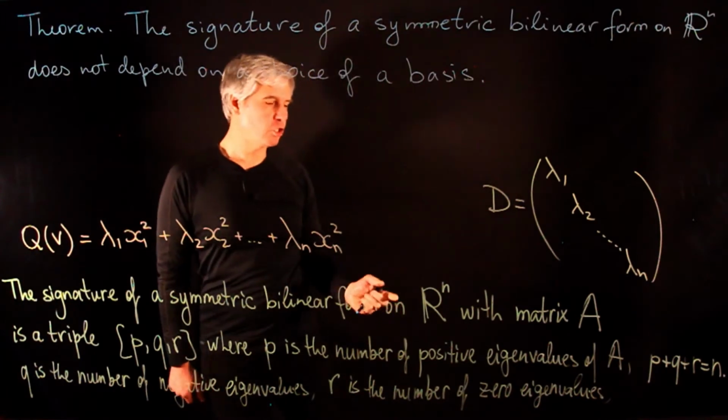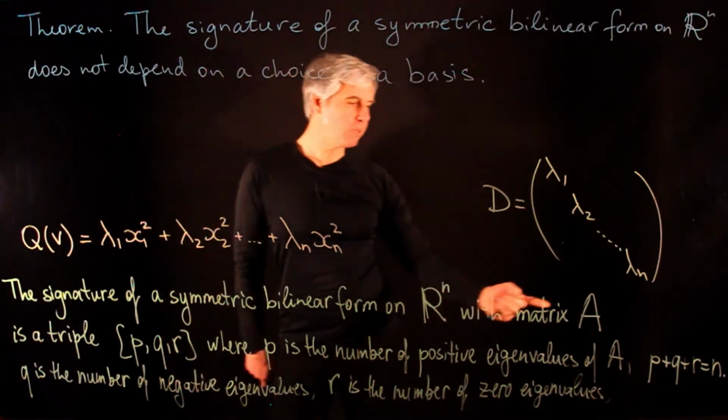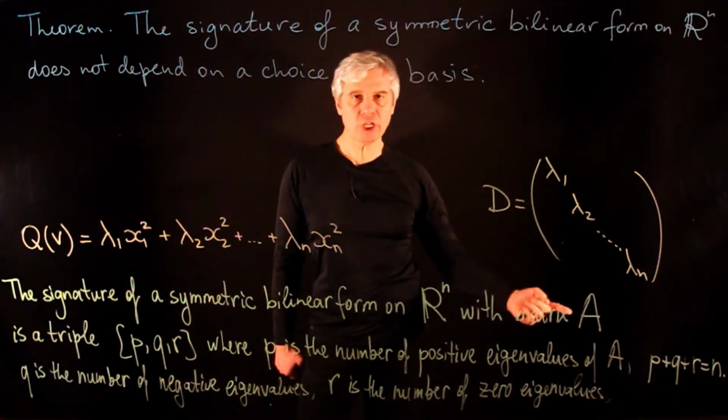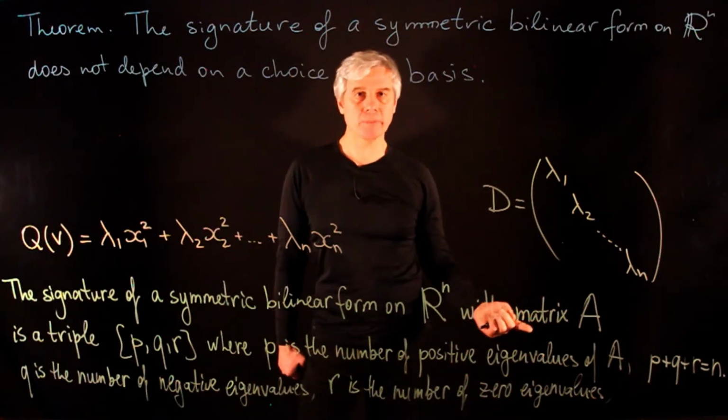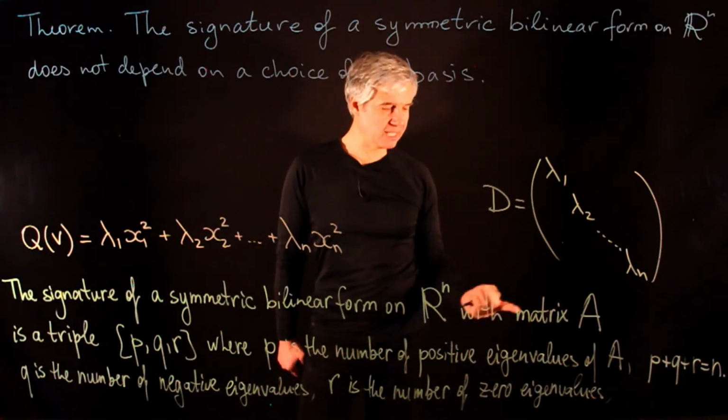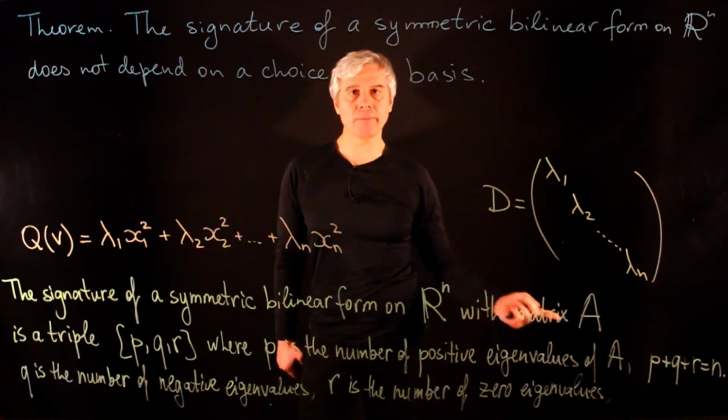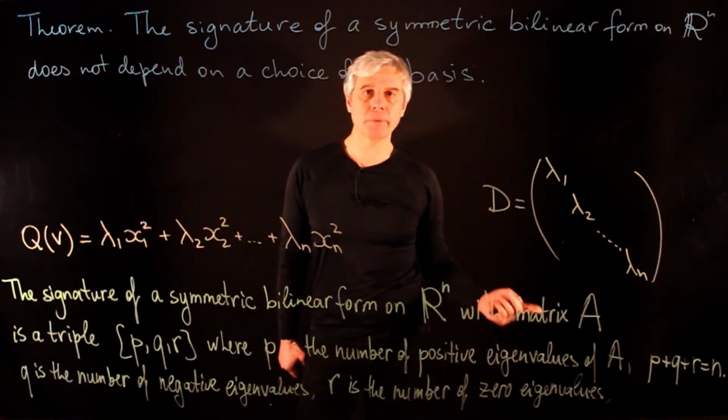So when we change a basis in Rn, the matrix of the bilinear form will change, and the eigenvalues of this matrix will also change. But the signature of the eigenvalues of the matrix of the bilinear form will be preserved.